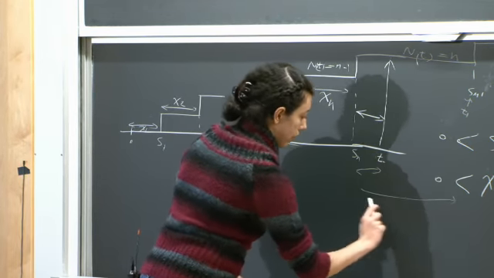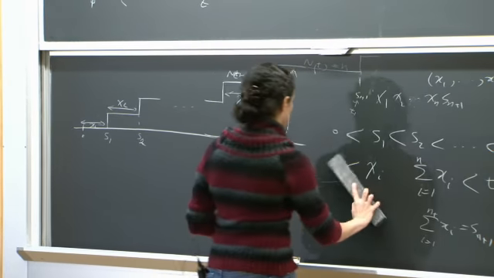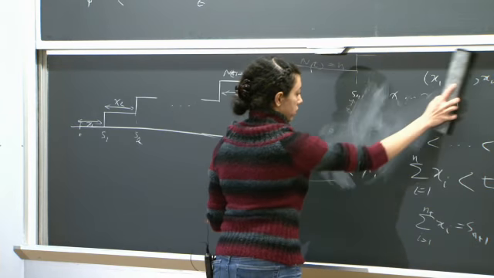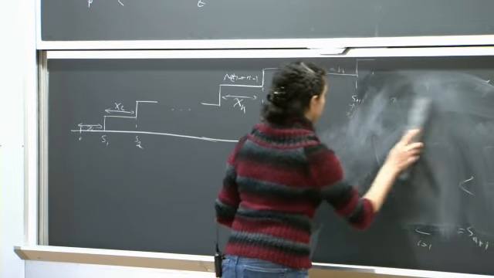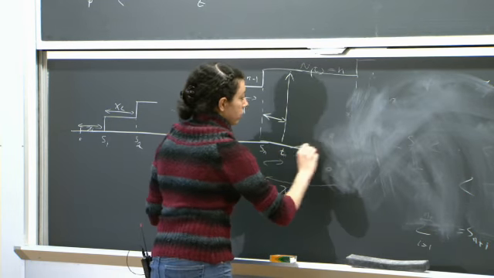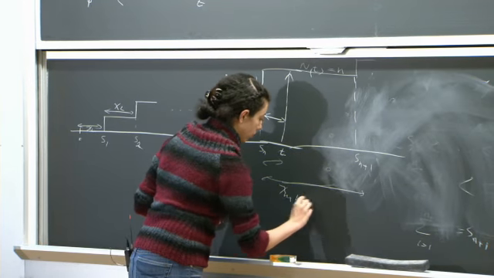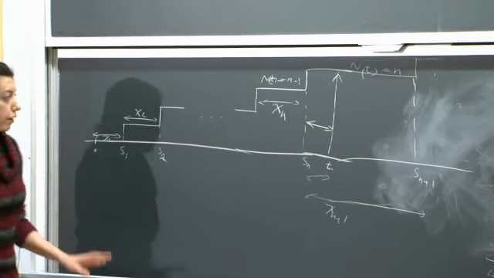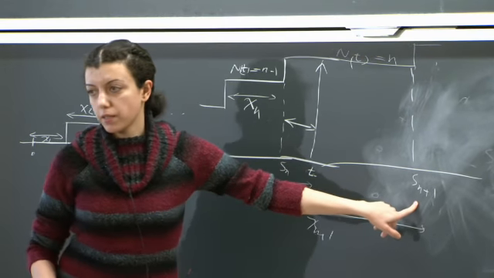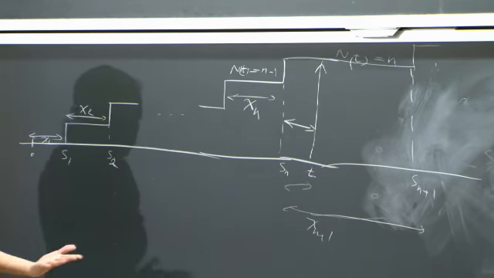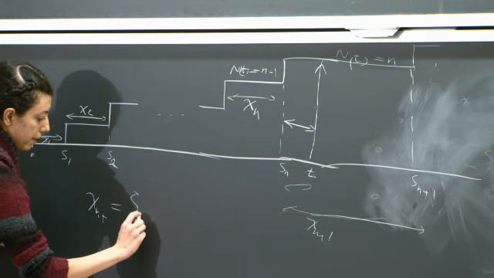So this is going to be x_{n+1}. If I find the distribution of x1 to xn conditioned on S_{n+1}, it's very easy to show that x_{n+1} is equal to S_{n+1} minus the sum.